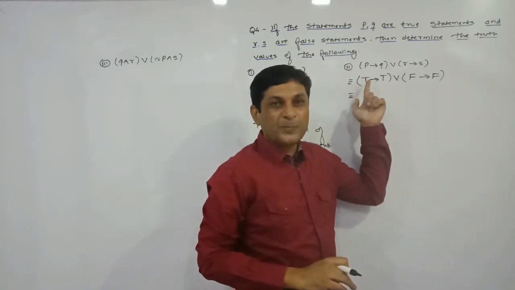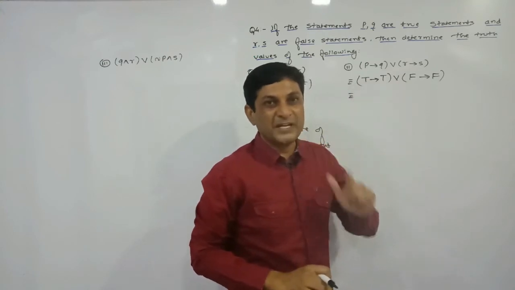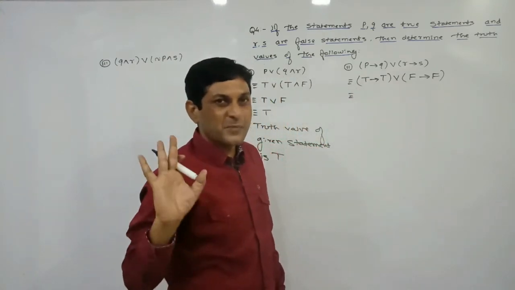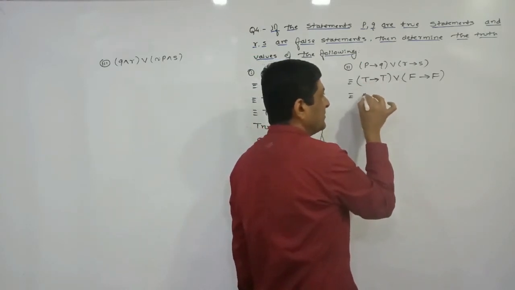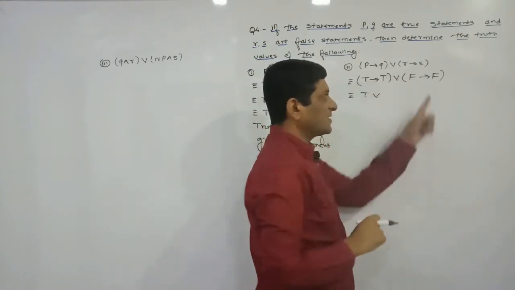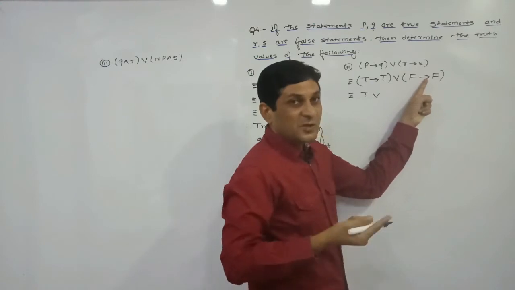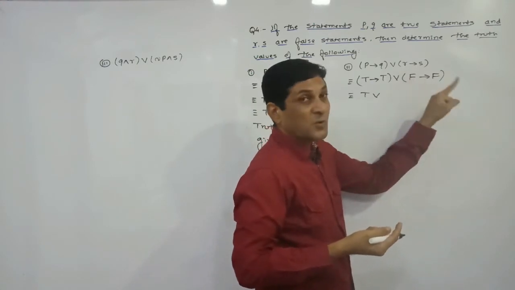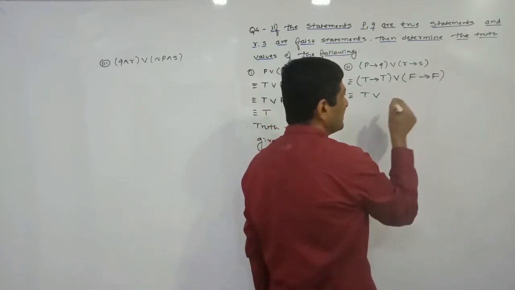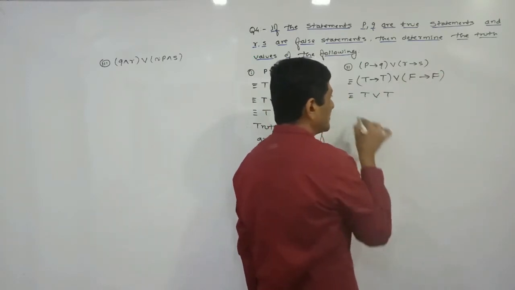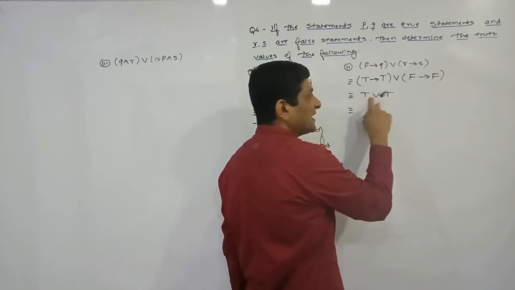Which two statements are connected by implication? In case of implication, only when TF appears is it false, but here TT is there, so it will be true. OR, keep it as it is. Here also implication is there, and in case of implication, if the first is true and the second is false, only at that time is implication false. But here TF is not there, so this statement is also true. Now two parts are connected by what?